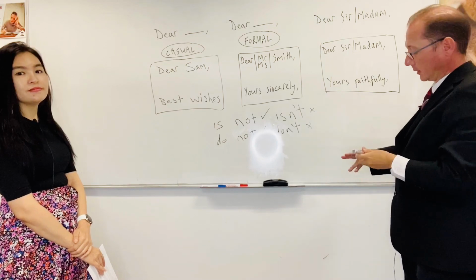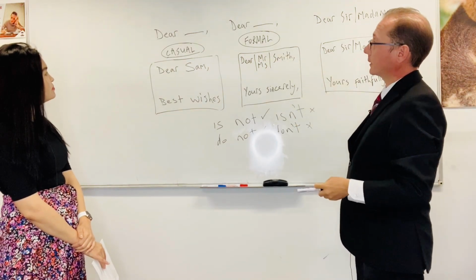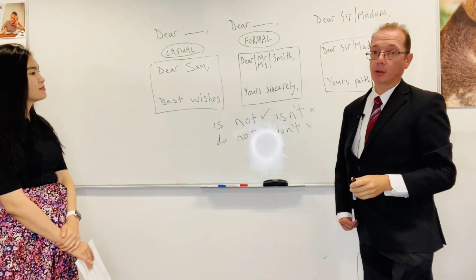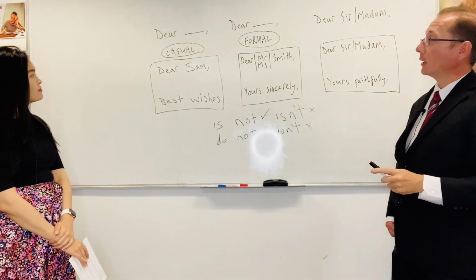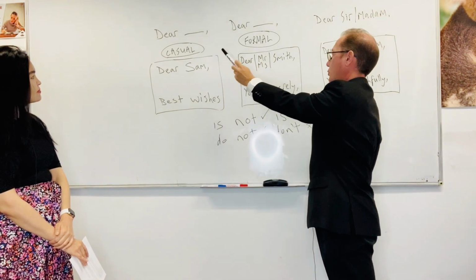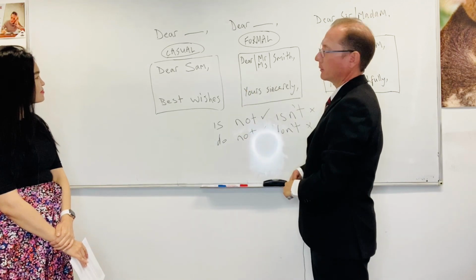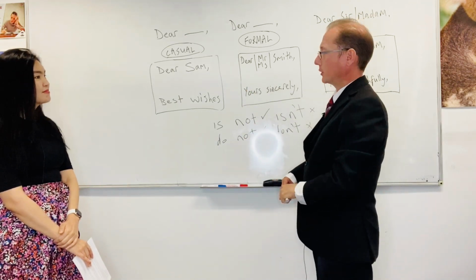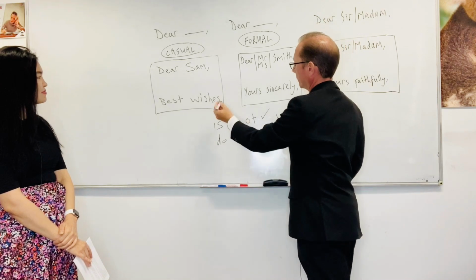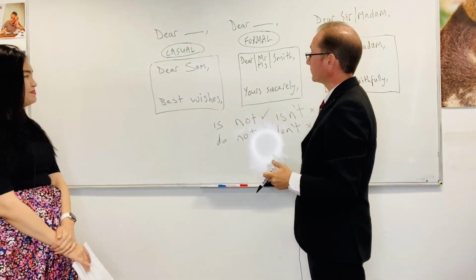Now if the question says start your letter "Dear blank" and it's a casual letter, so the question says you're writing to a friend, then start with the first name or short name, so for example "Dear Sam," and there are hundreds of ways you can finish the letter, but I think the safest way is probably just "Best wishes."